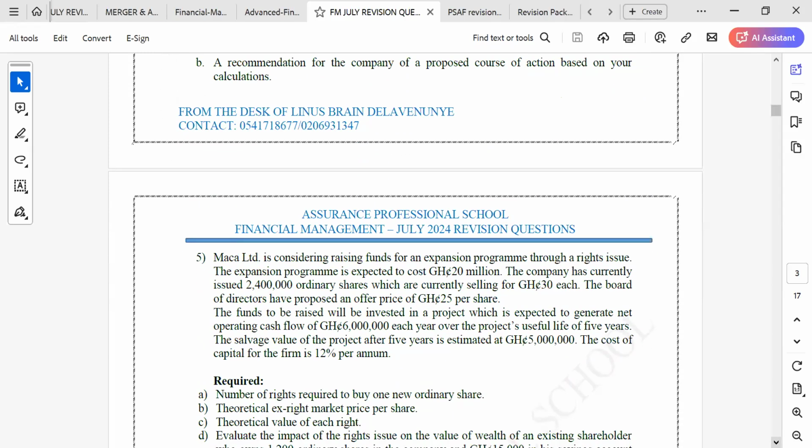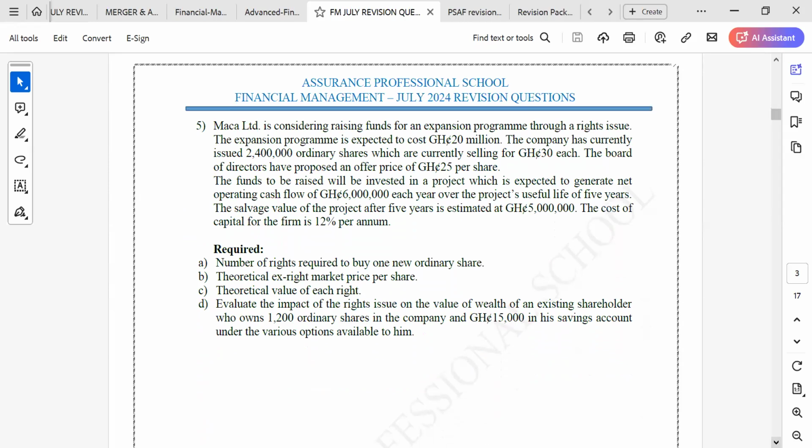Okay. Let's come to question number 5, which is about the right issue itself, and let's see how we can go about it. Question 5. Market Limited is considering raising funds for an expansion program through a rights issue. The expansion program is expected to cost 20 million Ghana cedis. The company has currently issued 2,400,000 ordinary shares, which are currently selling for 30 Ghana cedis each.